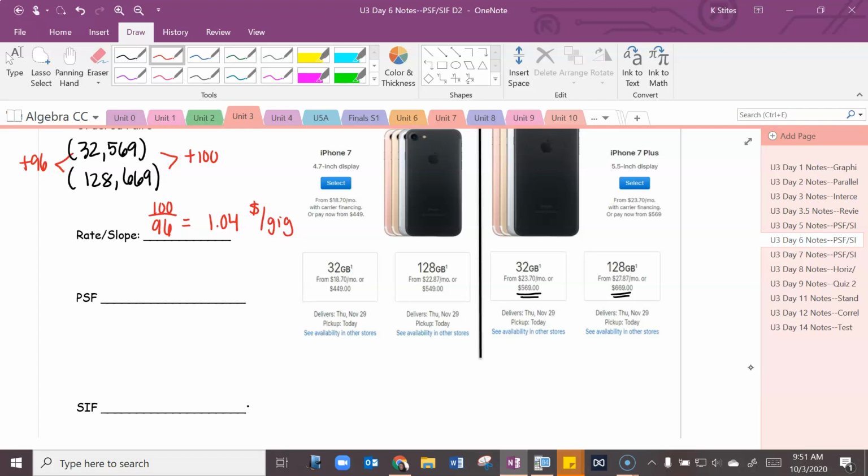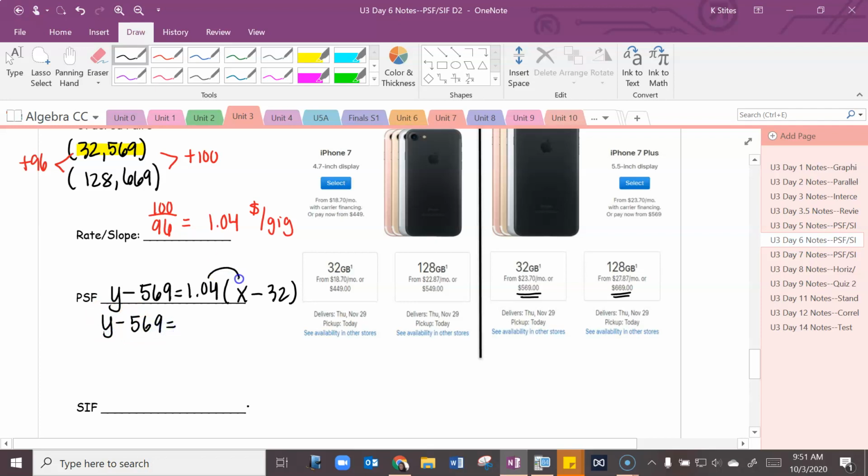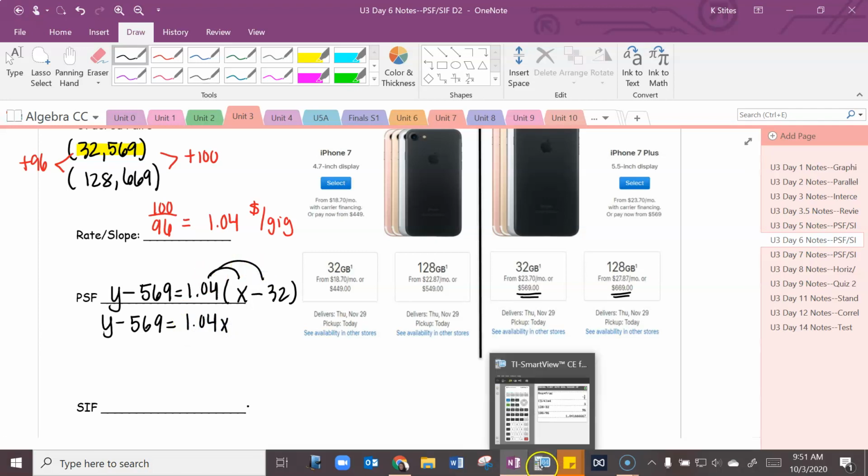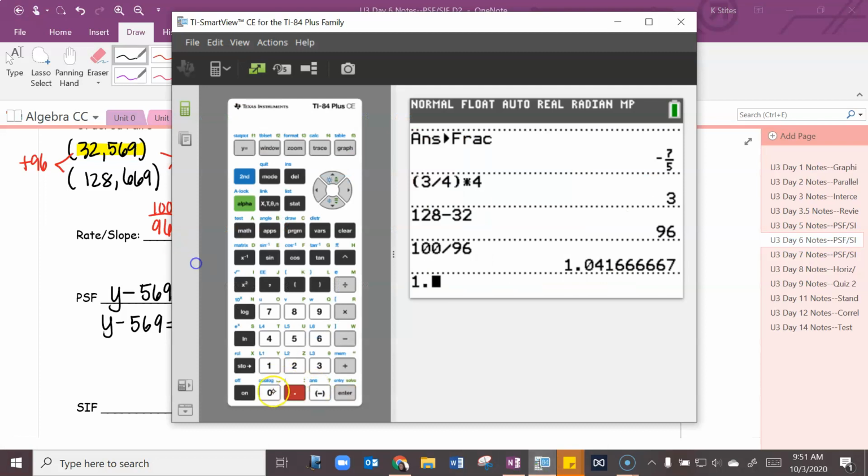So now let's write point slope form. Pick whichever one you want. I'm going to go with this one because they're smaller numbers. Y minus my 569 equals this 1.04, that's your slope, x minus 32. Okay, now again, we're going to get some decimals here. That's all right. They won't bite you. Distribute 1.04x. Okay, I want 1.04 times negative 32.